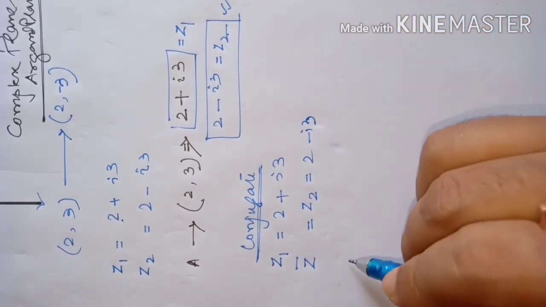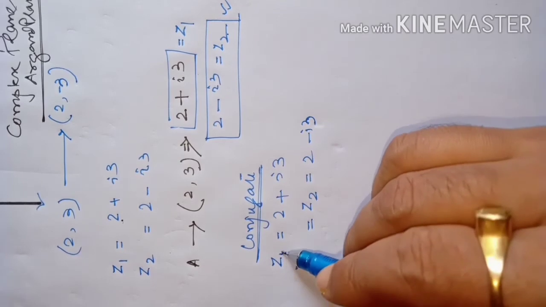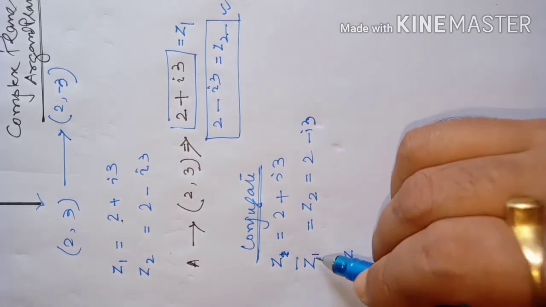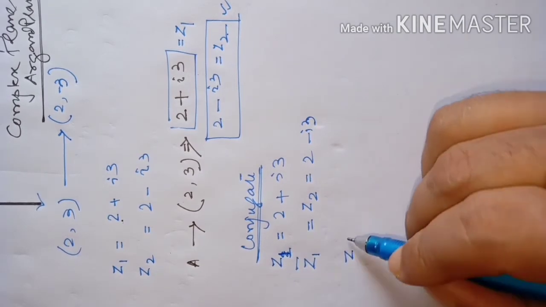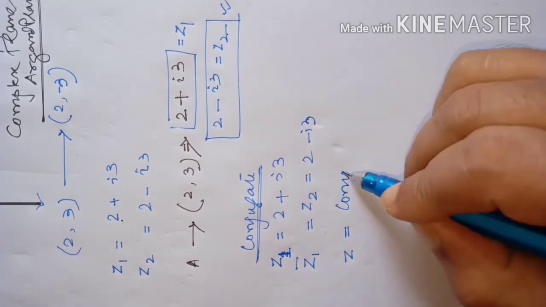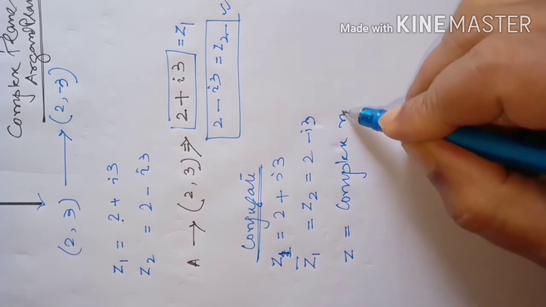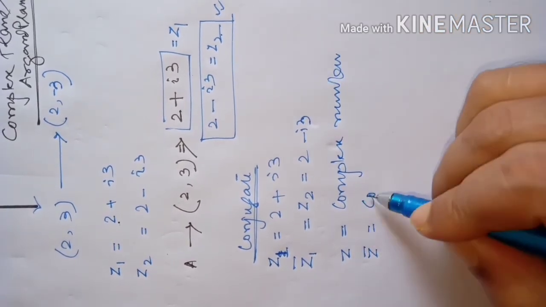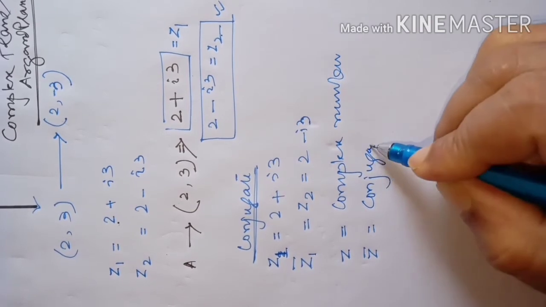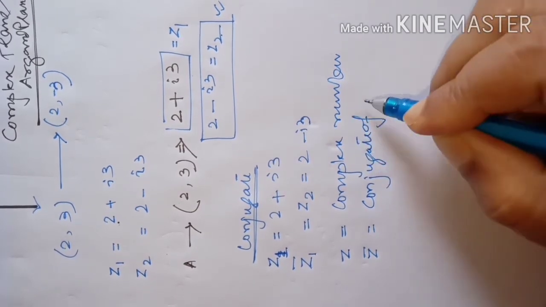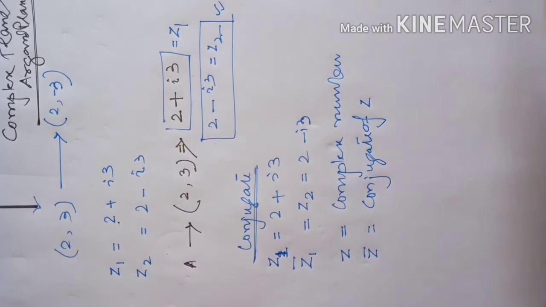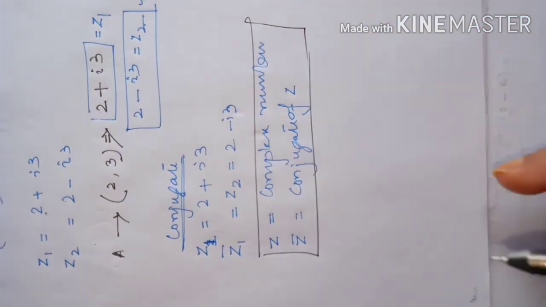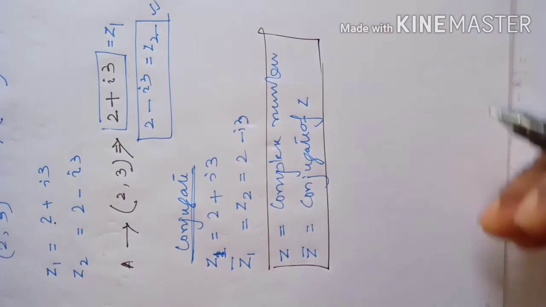So if z is a complex number, once again I am writing, z is a complex number, then z bar will be the conjugate of z. That is also a complex number. So the conjugate will be written with a bar symbol above the original complex number.